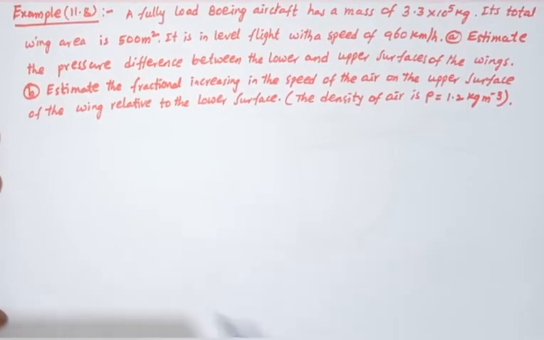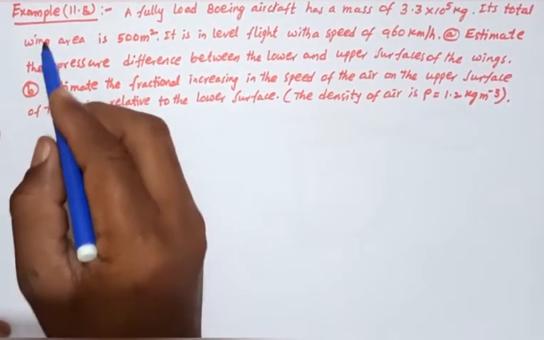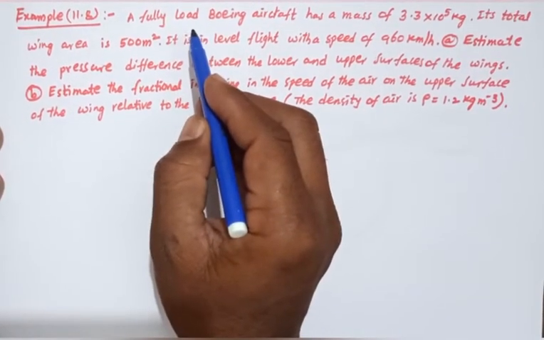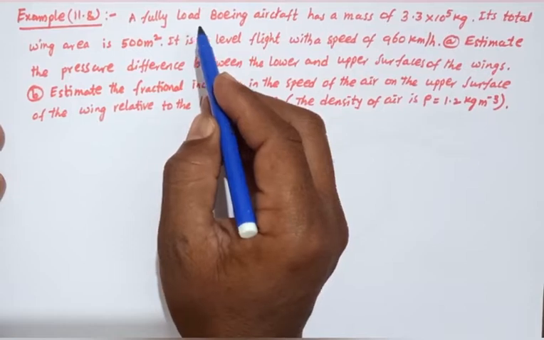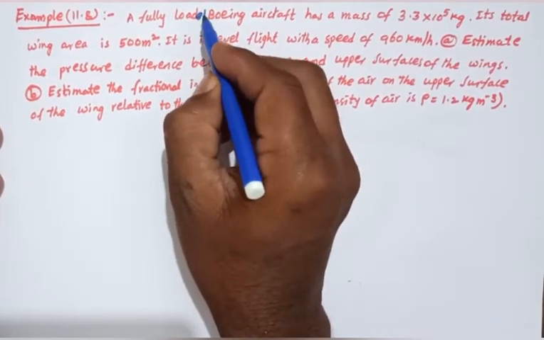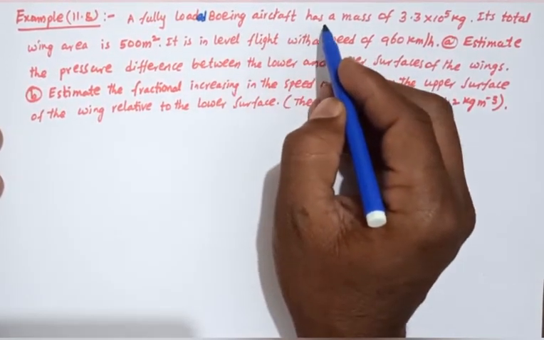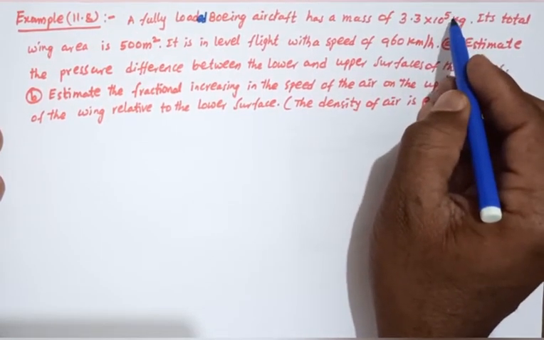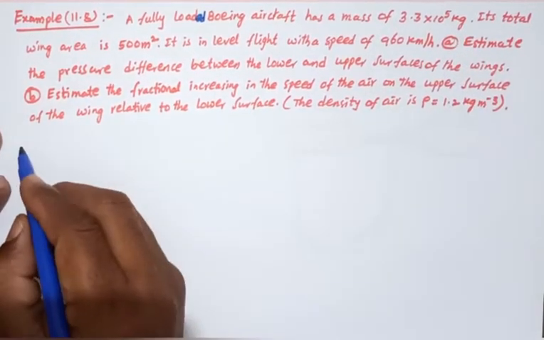Okay, we can discuss another example. Example number 11.8. A fully loaded Boeing aircraft has a mass of 3.3 into 10 to the power of 5 kilograms.